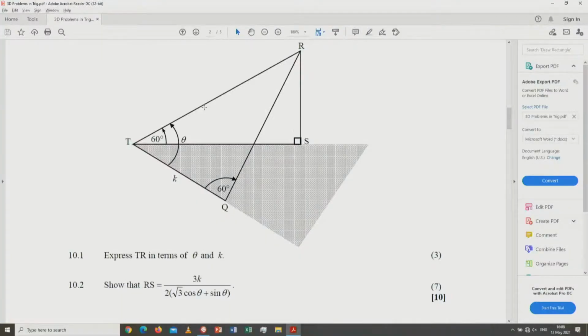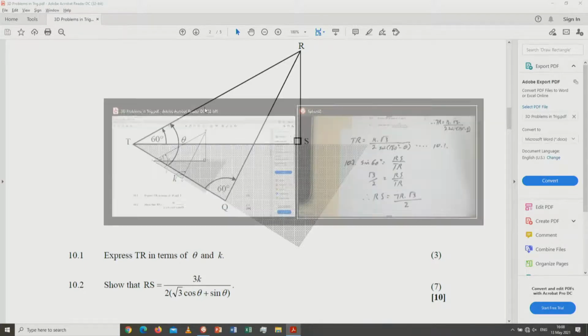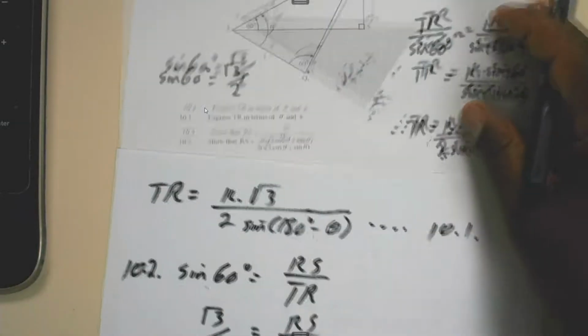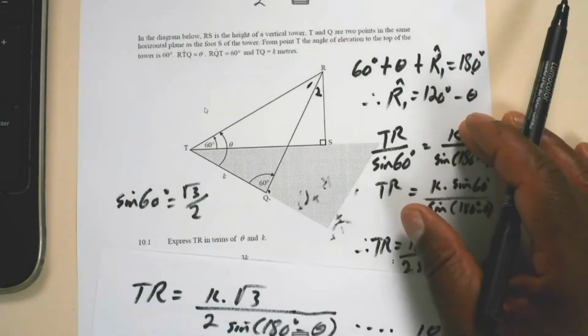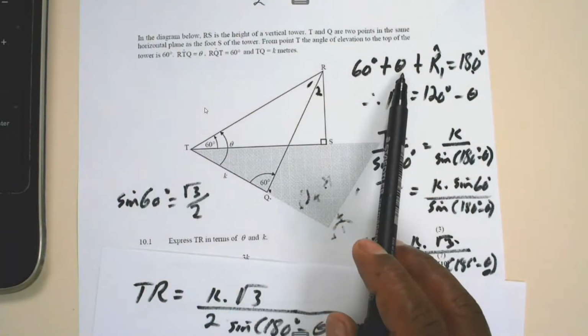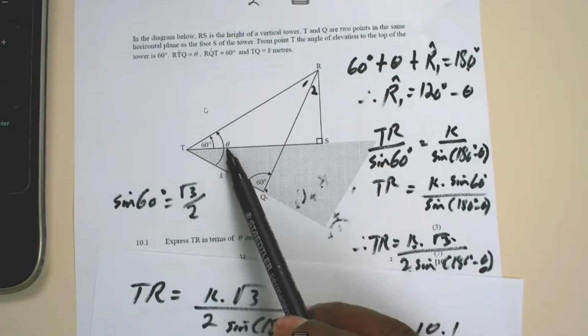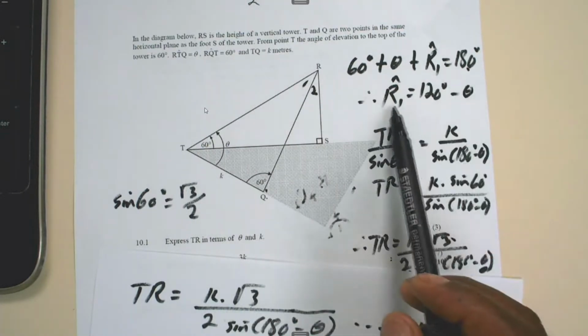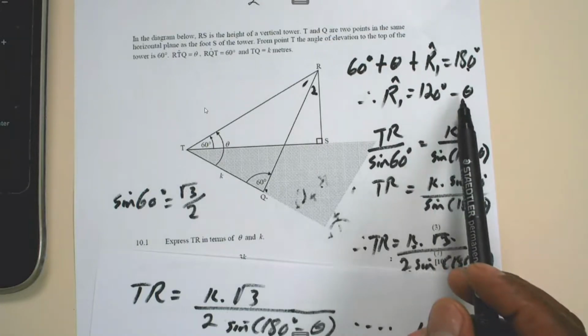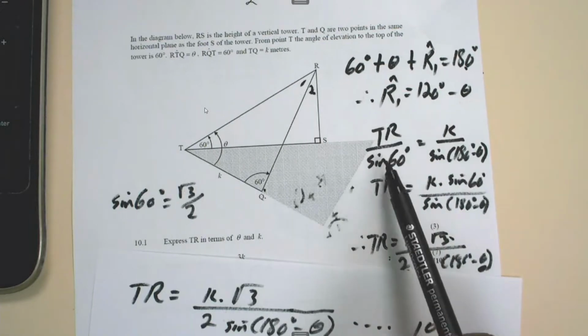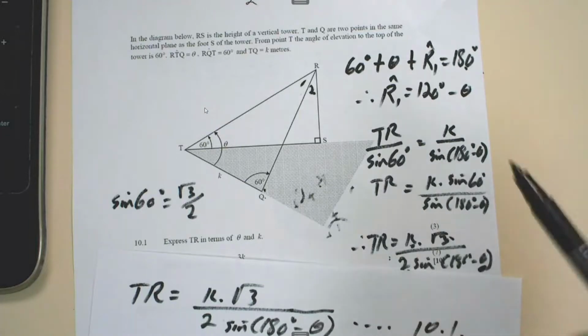R1, in this case, was 120 degrees. Let me use this diagram again just to refresh you. 60 degrees plus theta plus R1 is 180, therefore R1 is 120 degrees minus theta. So TR over sine 60 is equal to K over the sine of 120.